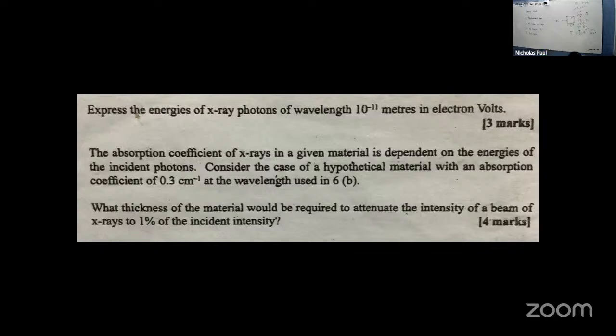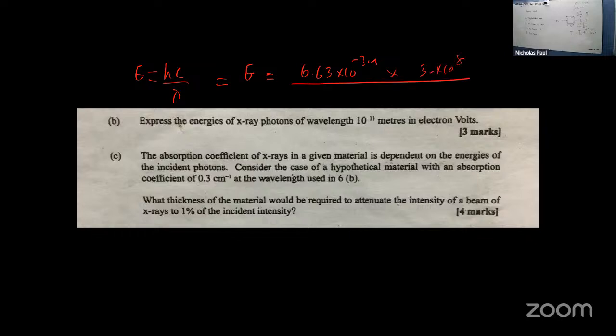It's 6.63 by 10 to the minus 34, by 3 by 10 to the 8. What's your wavelength? 10 to the minus 11. How much did you all get? That's the part we are doing first.